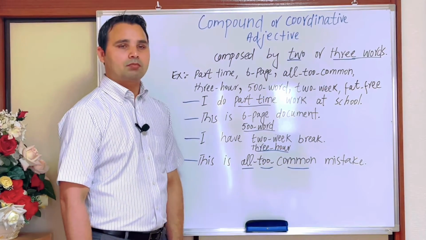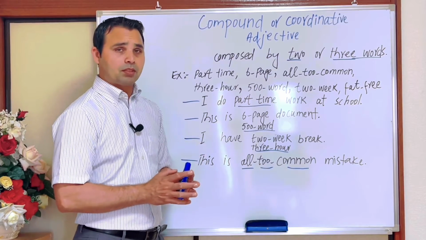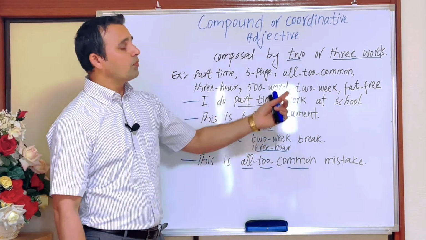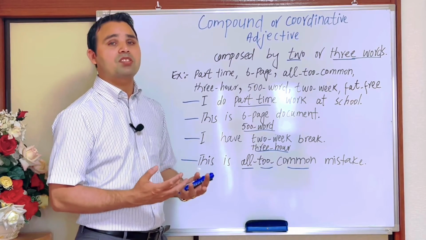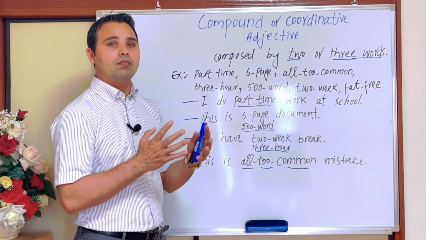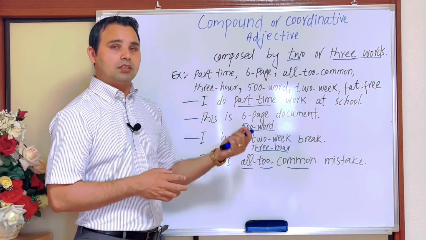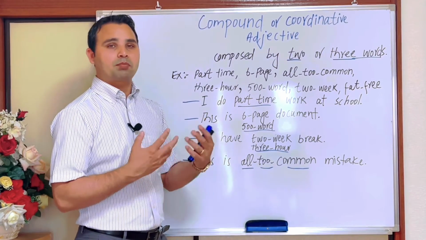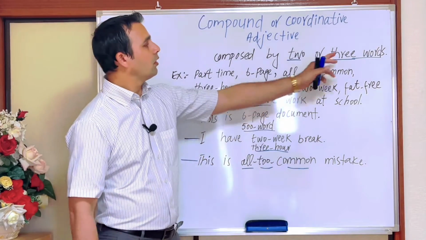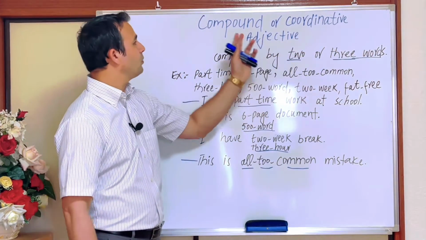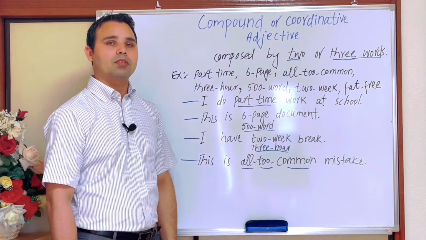In all-too-common, three words are put together. Or another example, turn-of-the-century. In this example, three words are put together. So when you put two or three words together, you can make a compound or coordinative adjective.